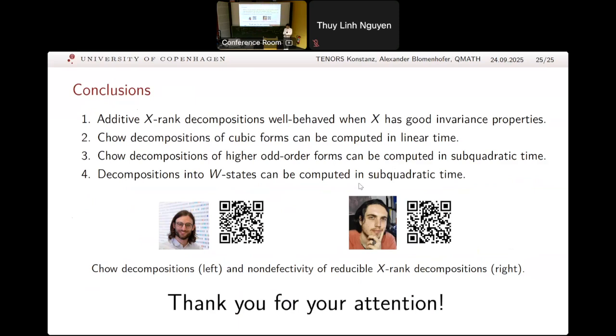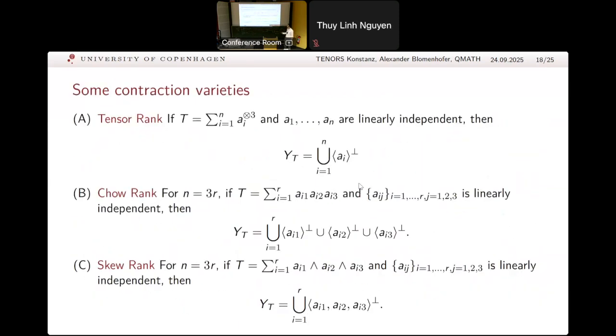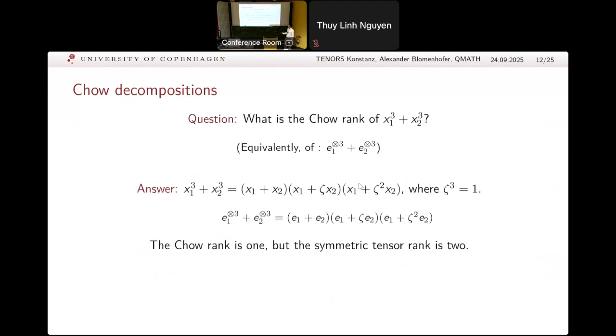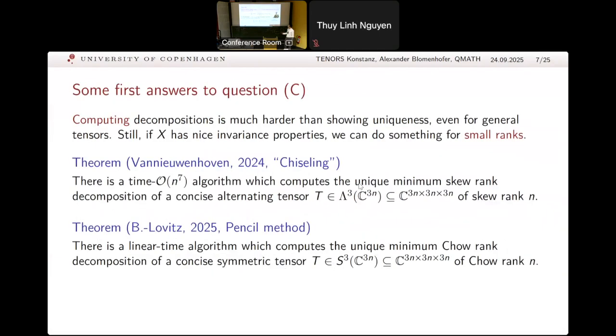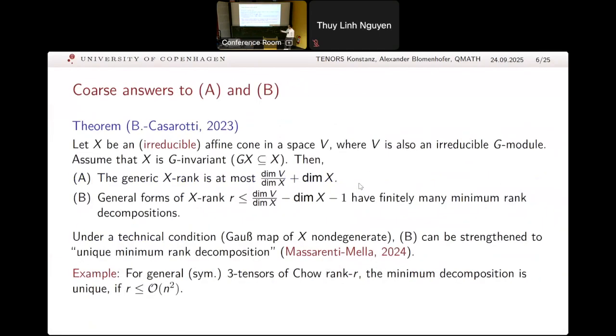In the initial theorem... this one here? Yeah, because there is some follow-up work, also with Alex, where we showed that you can still show something when the X is not irreducible.